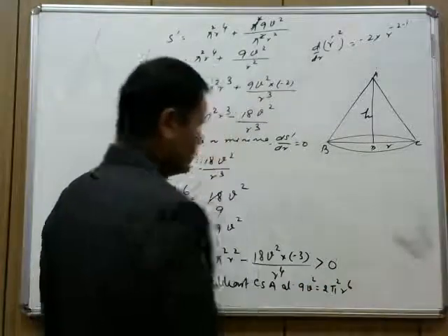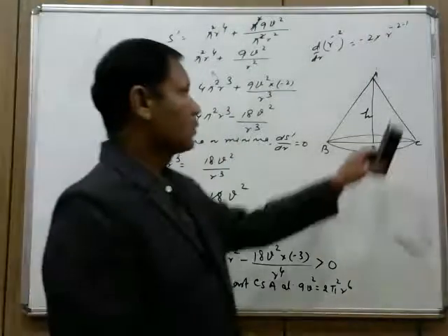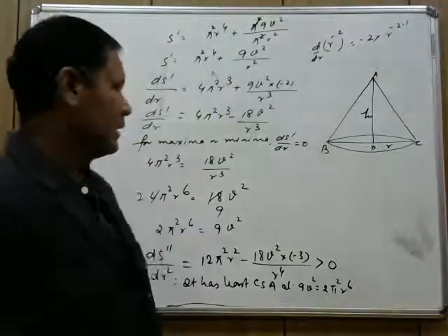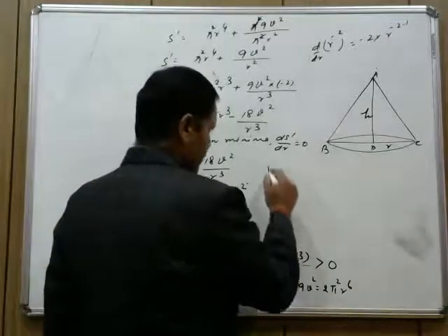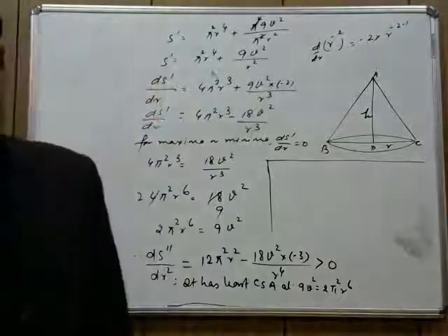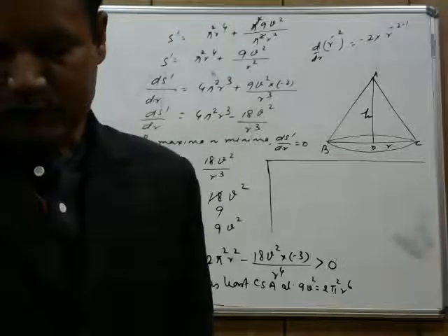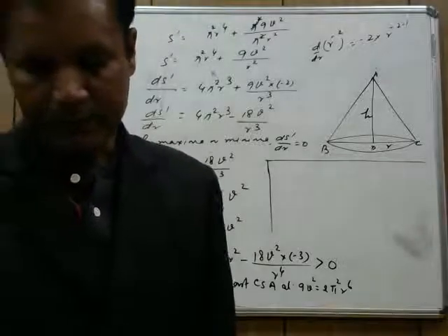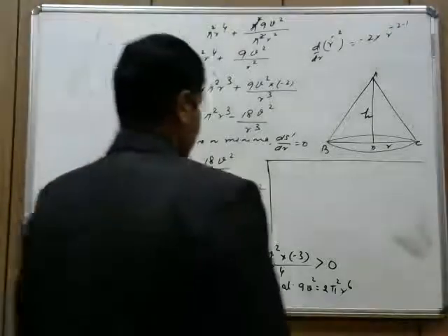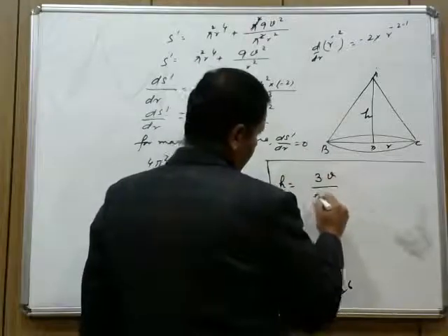This part is done. And now you have to prove that the height of the cone is root 2 times the radius. And now if you remember the relation which we have written, that l square is equal to r square plus h square, and 3v is equal to pi r square h. h is equal to 3v upon pi r square.